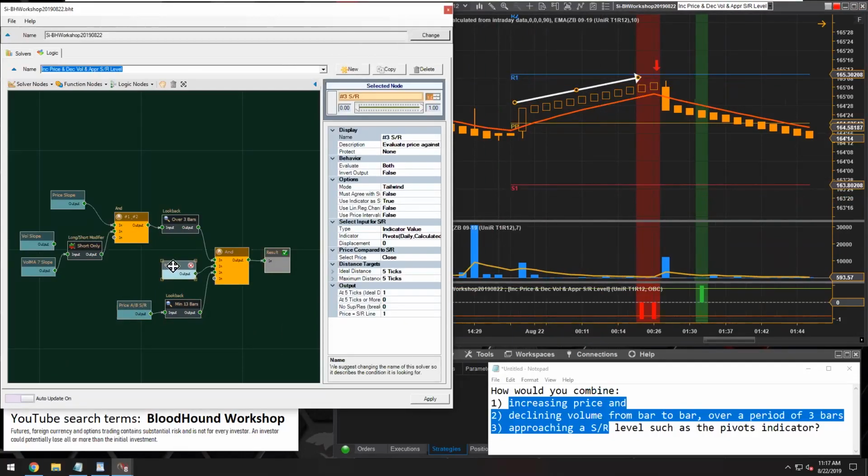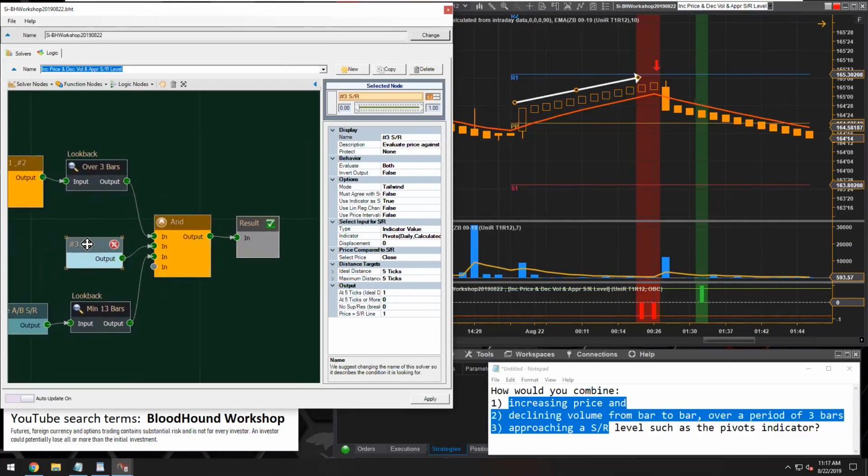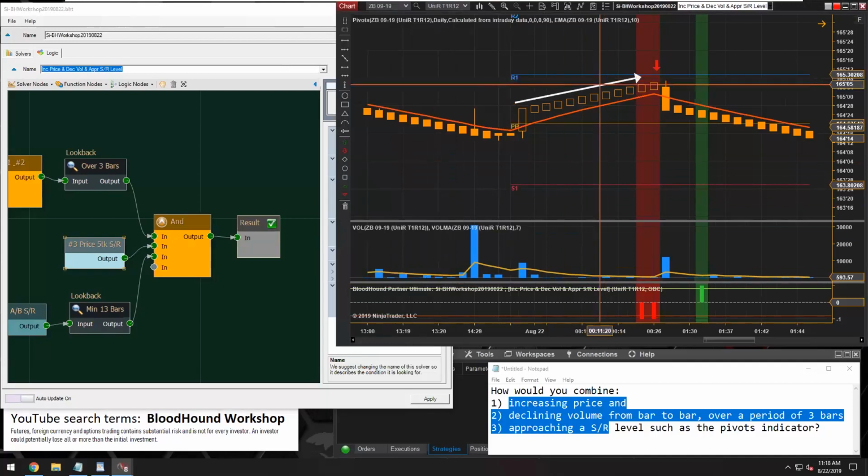this solver here, number 3, let's zoom in a little bit here. Let's rename this here. So we have this set up so that when price is within 5 ticks of our support resistance level, that's when we'll get the signal.